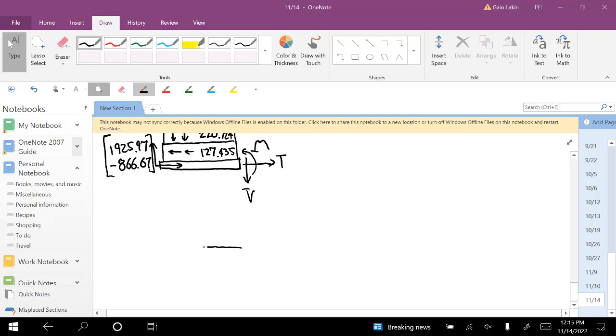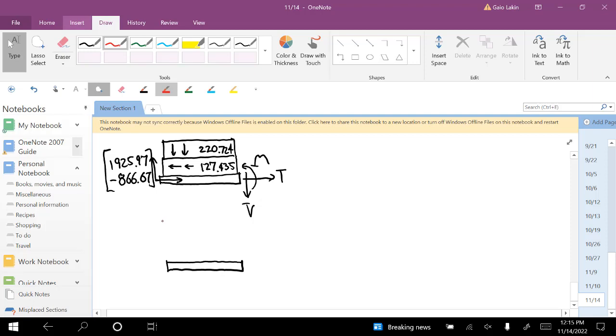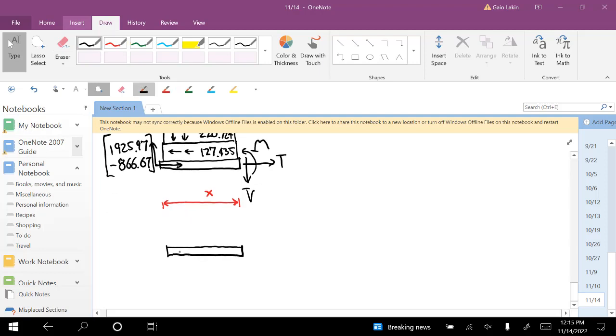And so if I draw this, now that we've chosen what part of the body we want to isolate, we've chosen this thing with a length of x. Now we can replace those distributed loads with point forces.